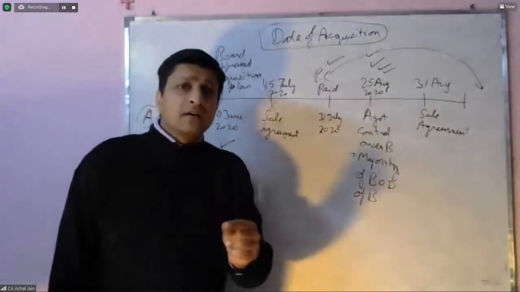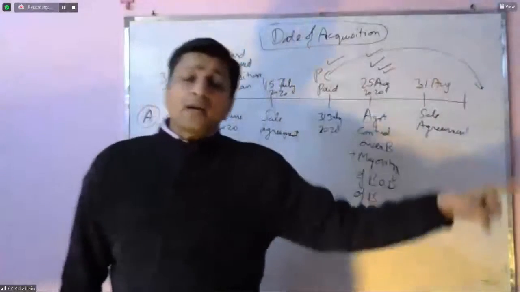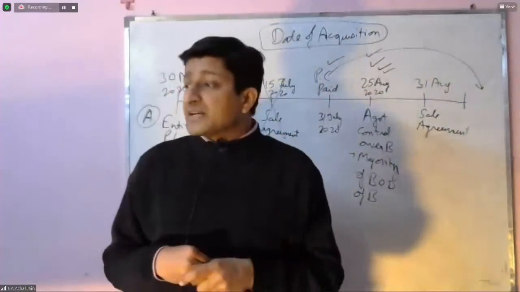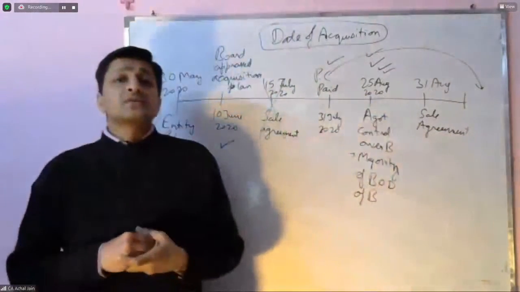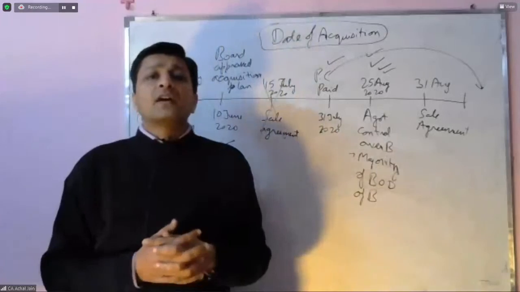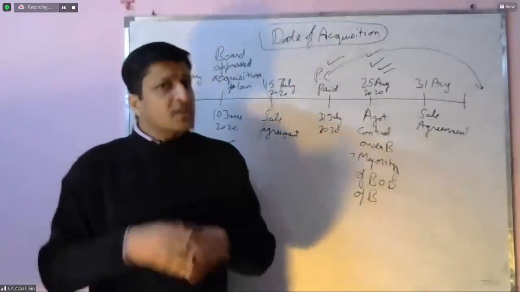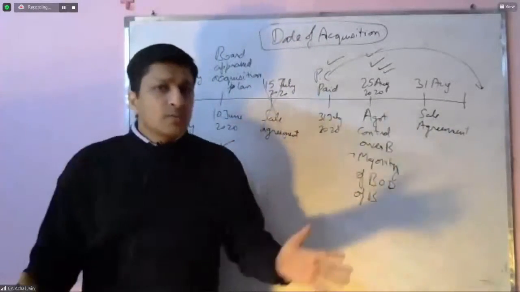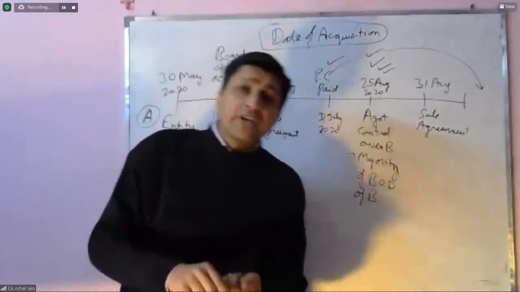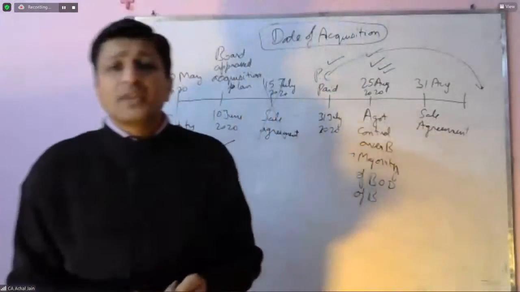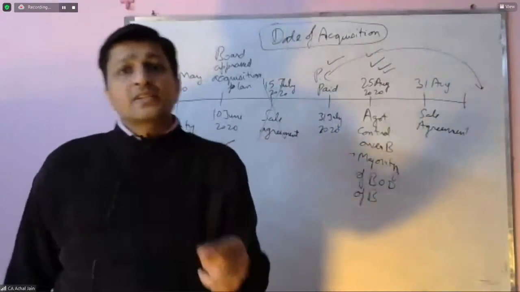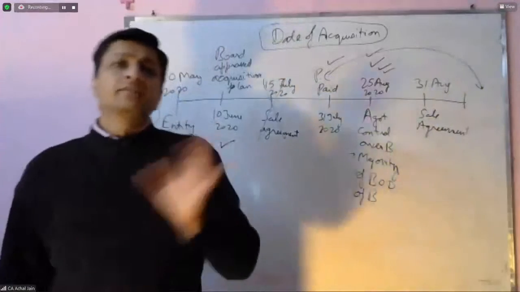Therefore, in such a case, it becomes very difficult to decide what will be the date of acquisition. And for that, once again, we need to go back to the basic principle of business combination. Business combination will exist only when control exists. If there is no control, there is no business combination. That's why the accounting of business combination should be done when the acquirer obtains control over the acquiree.